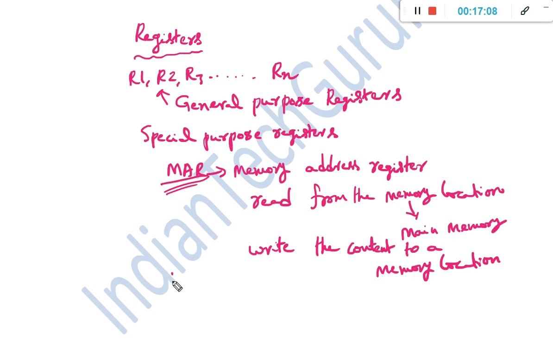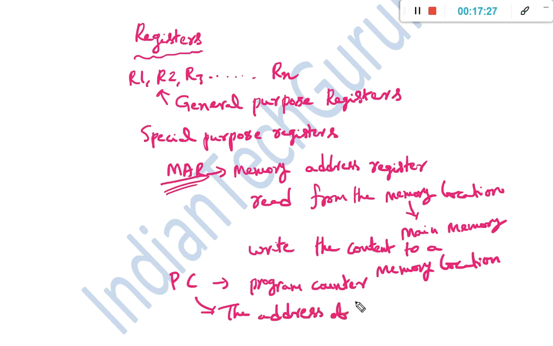Similarly, there is one more special purpose register known as the PC. PC means program counter. What is the purpose of PC? It will represent the address of the next instruction.